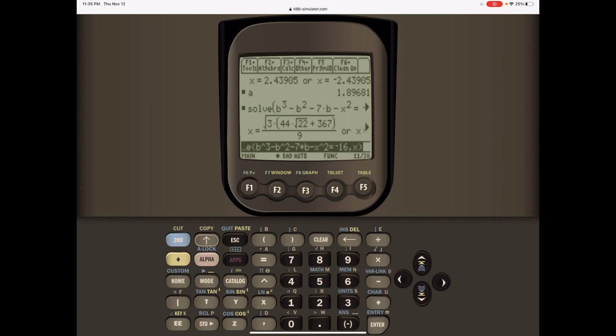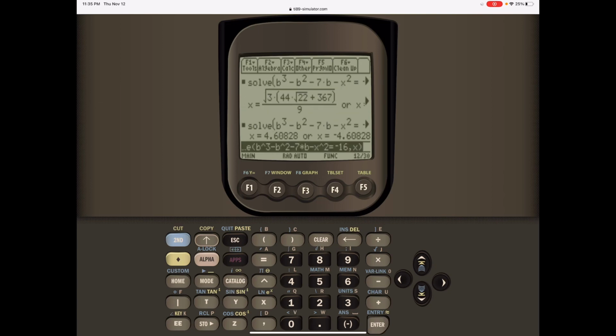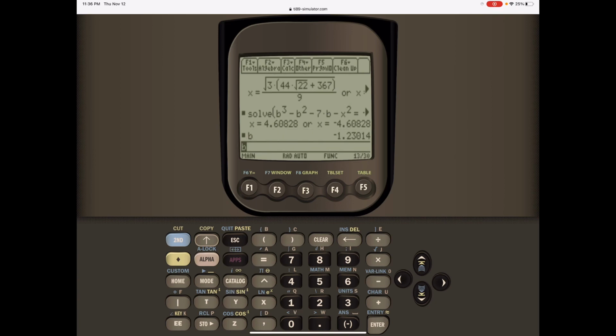I'm just going to do second or the diamond enter, and it's going to give me decimals. That is 4.608 for the second y, or for the letter B. And because I'm using decimals, it looks less messy, I'm going to use the decimal here.